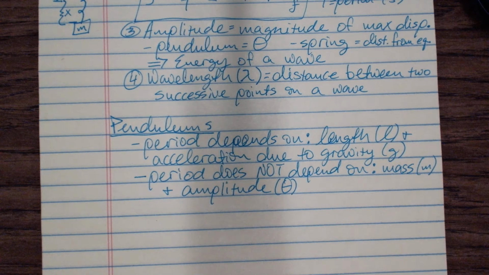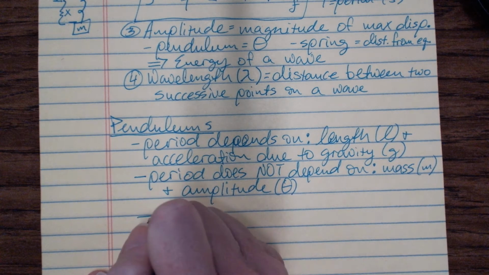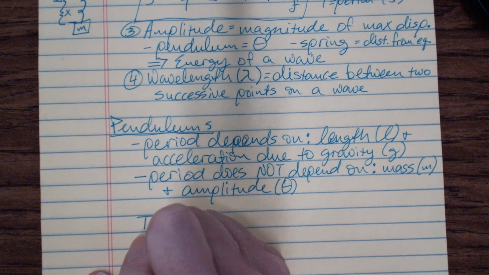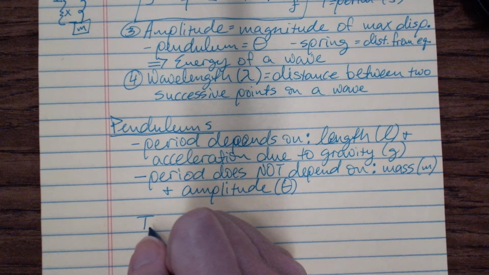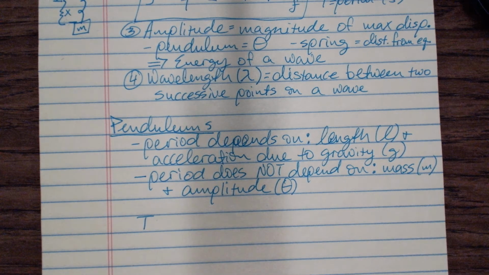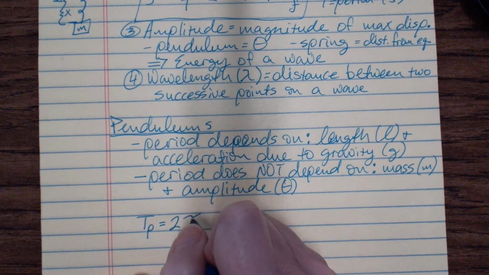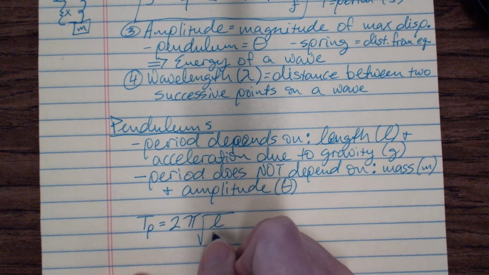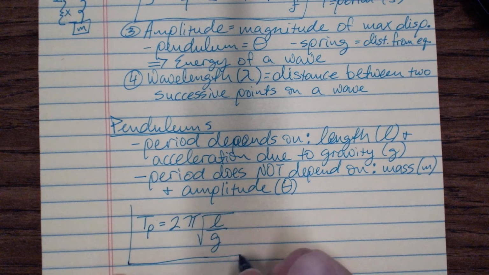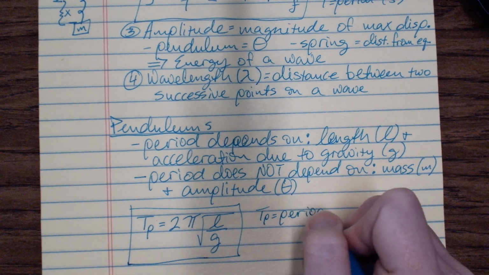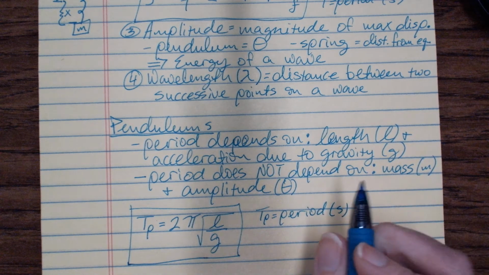Okay, pendulums have a very specific formula. So T of a pendulum, I'm going to call it T_p. Let me see what it looks like on your formula sheet. I don't know if it's a little p or a big P. Yes, it's a little p. Okay, so T_p equals 2 pi square root L over g, where T_p is the period, which is in seconds.